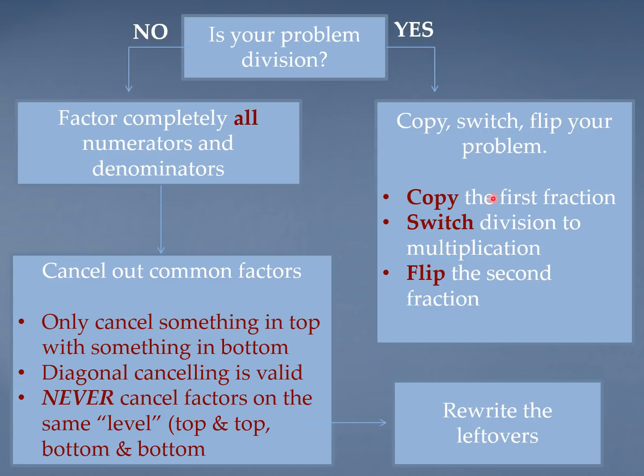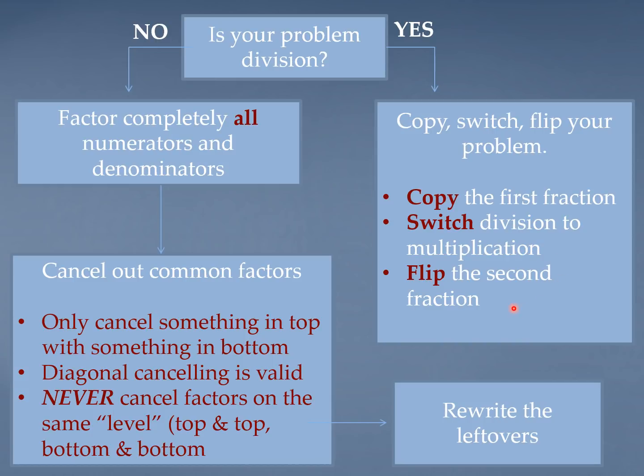You leave alone. You just copy it. Copy the first fraction. The second step, you're going to switch your division to multiplication. And the nice thing about that is we've already gone through the process for what happens if you have a multiplication problem. You already know how to do that. You're going to factor, factor, factor, cancel, cancel, cancel. But first we have to tweak the problem from division to multiplication.